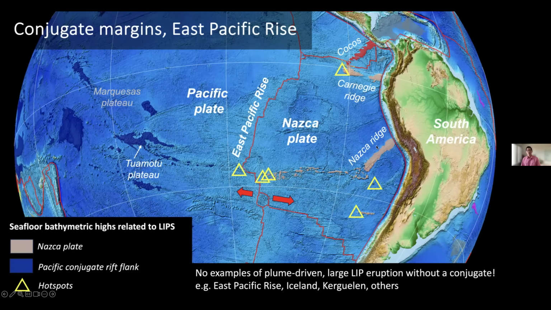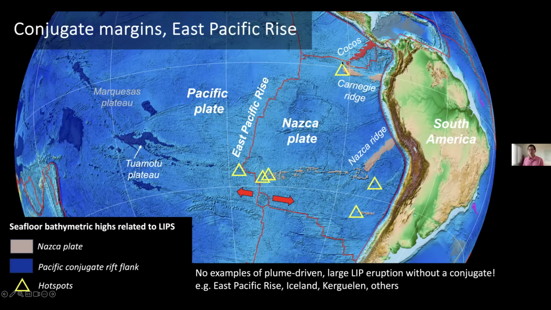And so the first point I want to make here is that when we look globally and we can see both sides of a spreading ridge, it's very difficult, or I don't think we can actually find any examples where we have a plume-driven large LIP eruption and we don't see a hotspot track on both conjugates. Some examples include the East Pacific Rise, Iceland, Kerguelen.